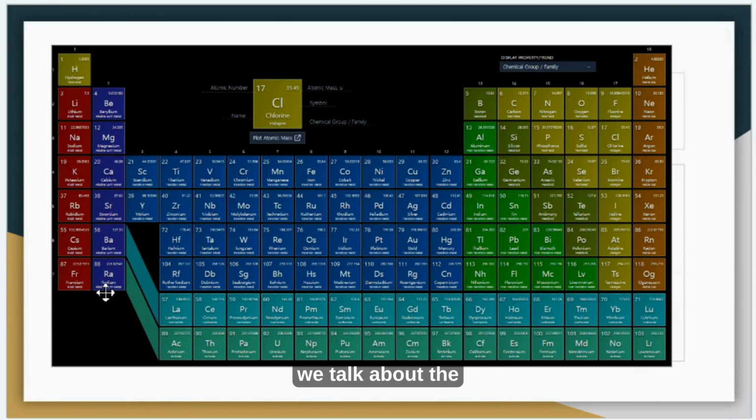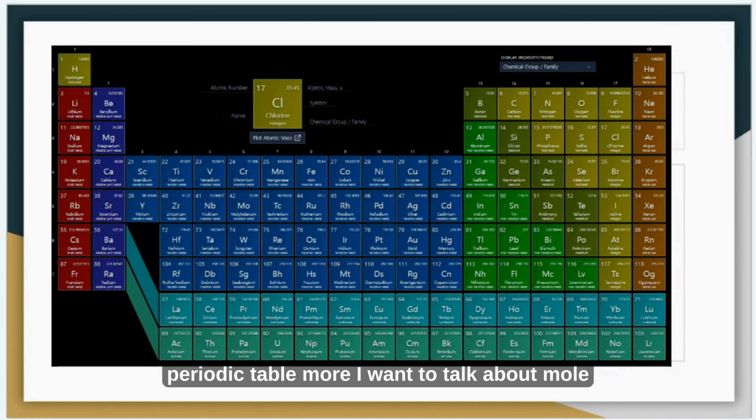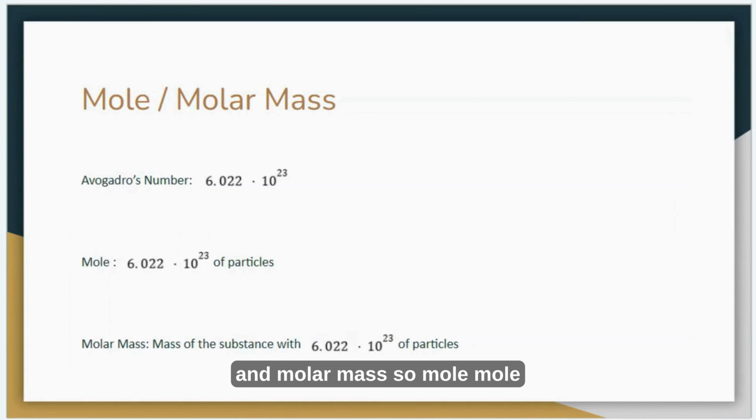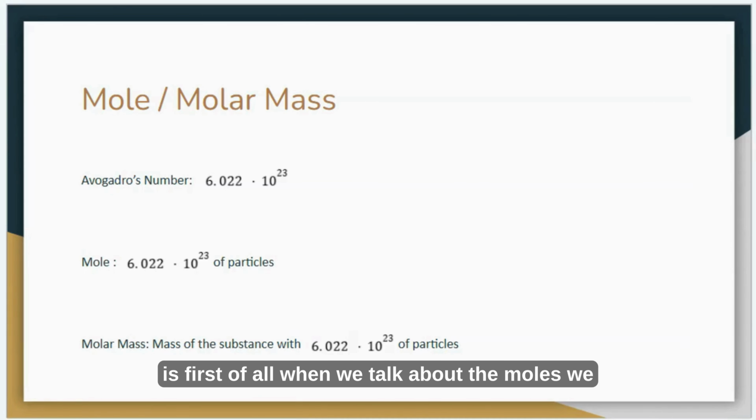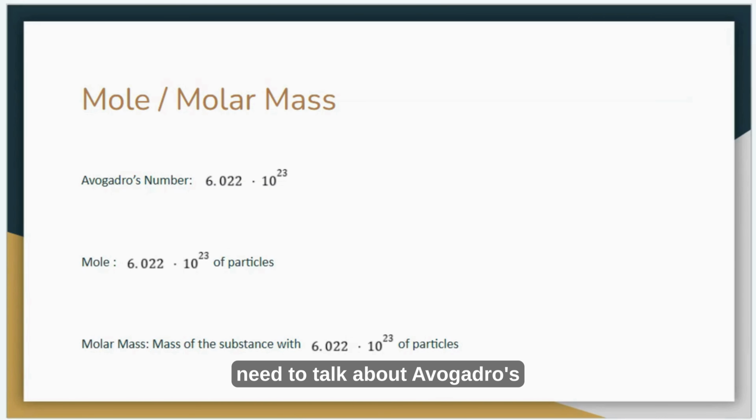Before we talk about the periodic table more, I want to talk about mole and molar mass. First of all, when we talk about moles, we need to talk about Avogadro's number, which is 6.022 times 10 to the 23rd power.